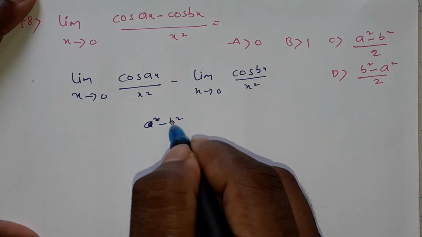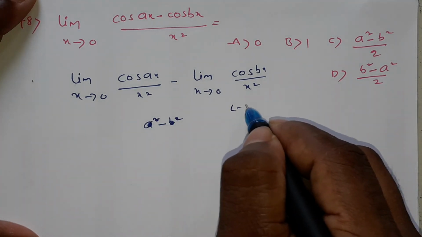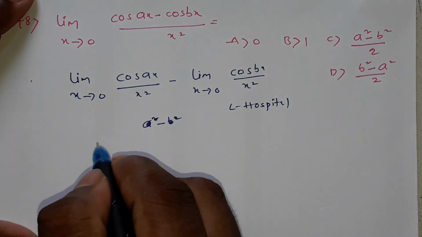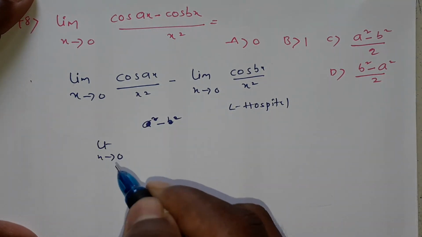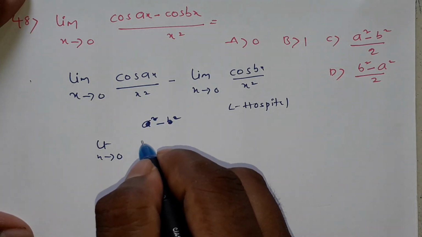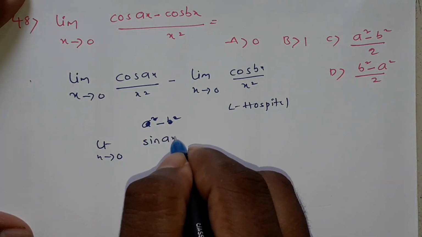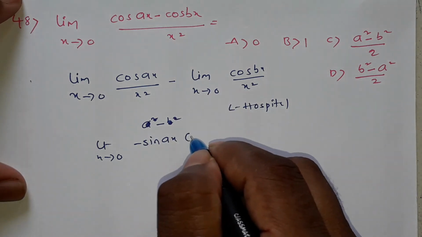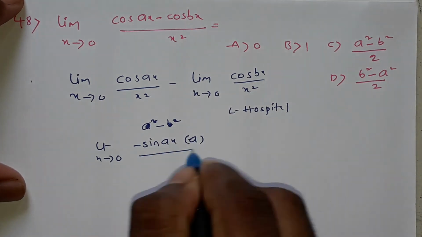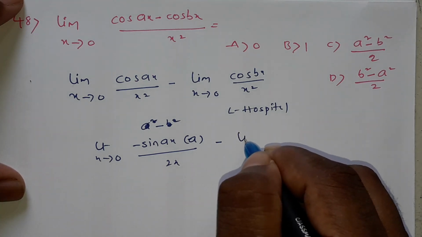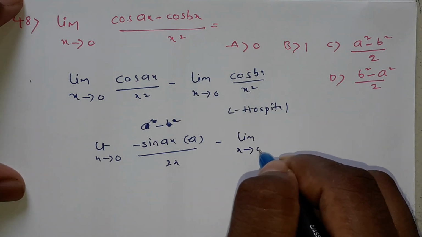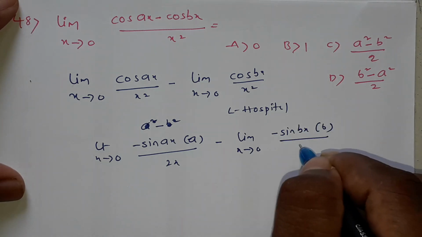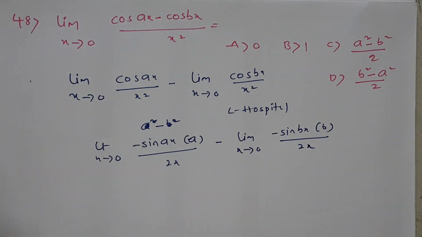In case you have doubt, apply L'Hospital rule for clarity. Limit extends to 0, cos ax derivative is minus sin ax into a by 2x, minus limit extends to 0 cos bx derivative minus sin bx into b by 2x.